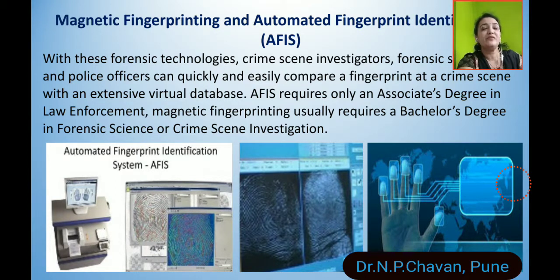That is the basic data we know. But we know only by actually taking the fingerprints using ink on paper. But here this technology is used in crime scene investigations as an exclusive virtual database. AFIS requires only an associate degree in law enforcement. Magnetic fingerprinting usually requires a bachelor degree in forensic science or crime scene investigations. So these are different types of investigations which are mainly used.